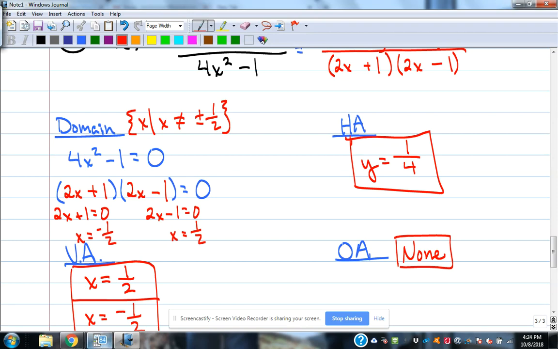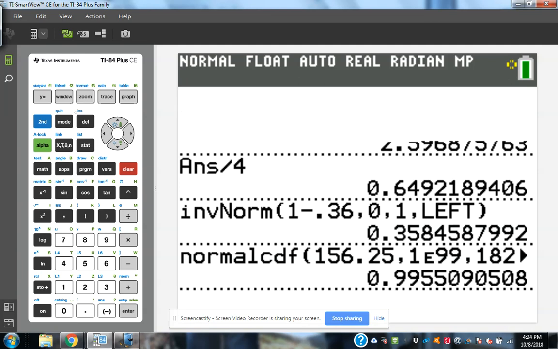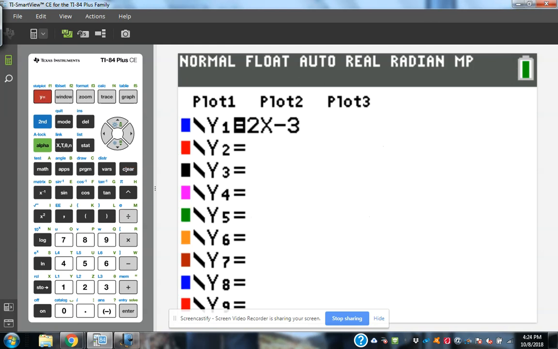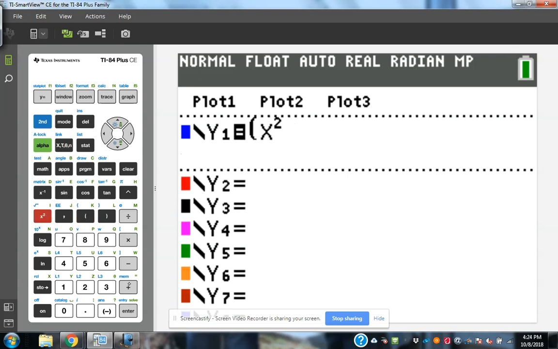If we were to graph this, I want to show it to you so that we have looked at some graphs here, because that's what we're finding all this information for, to describe things that are happening on our graph. Parentheses divided by parentheses 4x squared minus 1. So I'm being careful to put the numerator in parentheses and the denominator in parentheses.